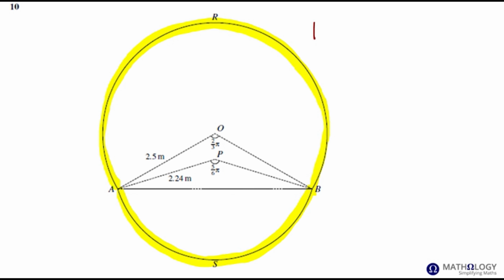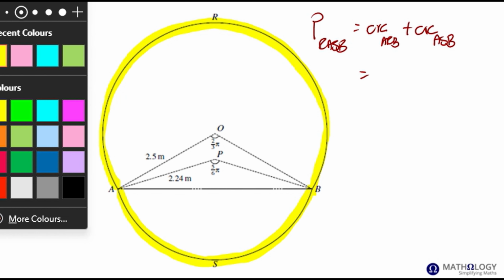Okay, so to find the perimeter of RASB, we have this arc length ARB of sector OARB, and then we have arc length ASB of sector PASB. So the arc length ARB, let's just highlight the sector.